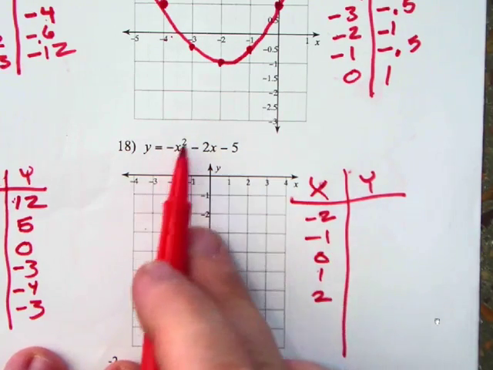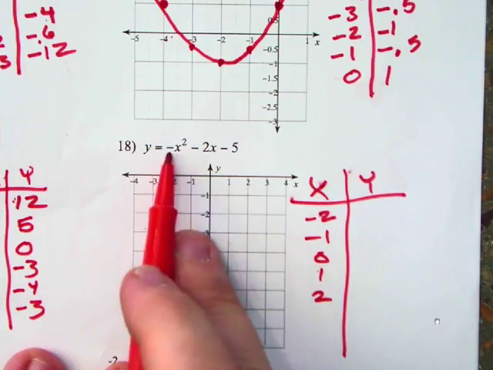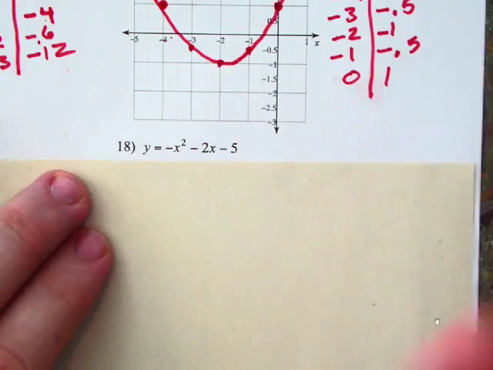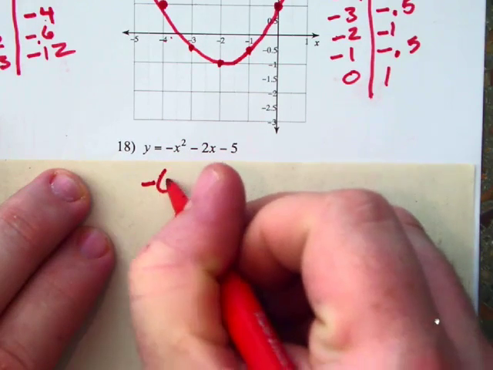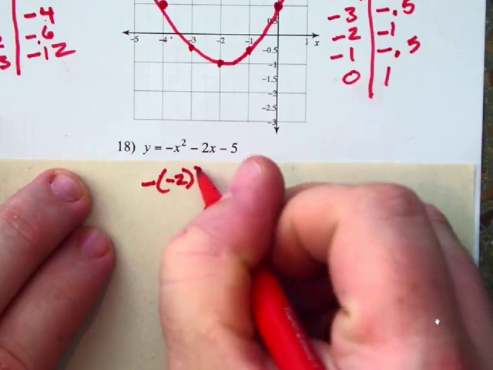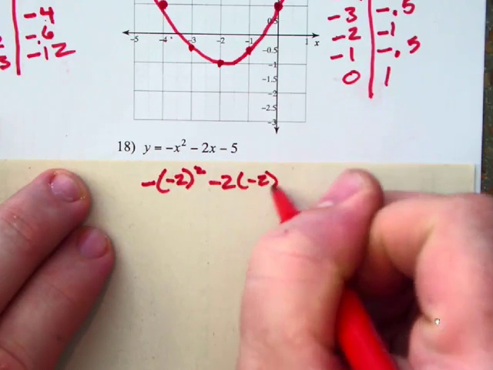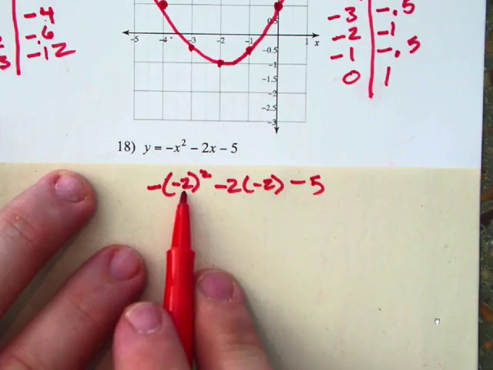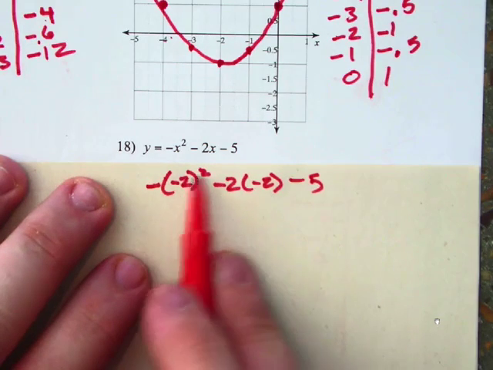So negative 2 squared is 4. So now we have a negative 4. Let's write it down so we don't get confused. Negative 2 squared minus 2 times negative 2 minus 5. Okay, so let's just do the math. Remember, order of operations. Exponents first.